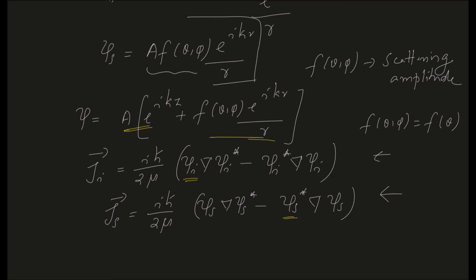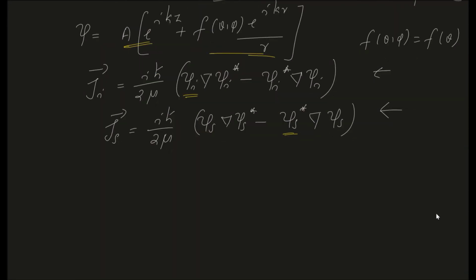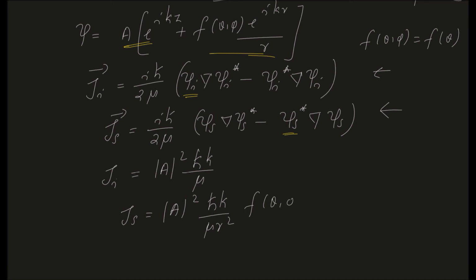If you do that and do some simplifications, what you get is the incident flux density Ji is given by modulus A square h cross k by mu, and the scattered flux density Js is given by modulus A square h cross k by mu r square, modulus f of theta phi square.